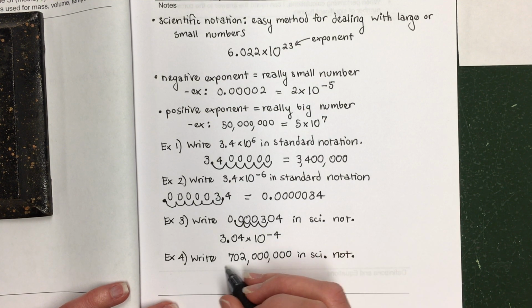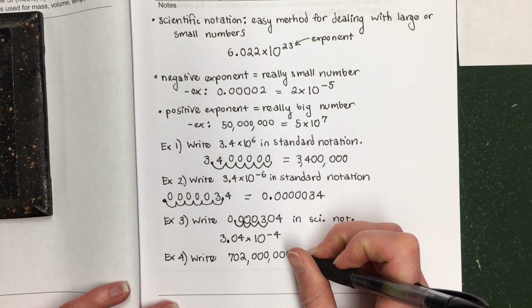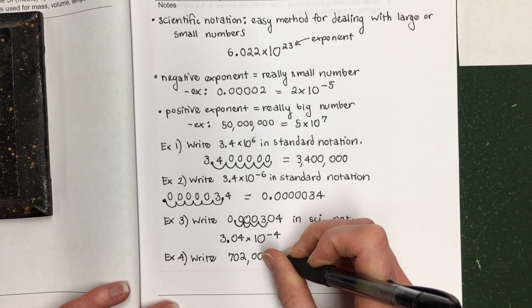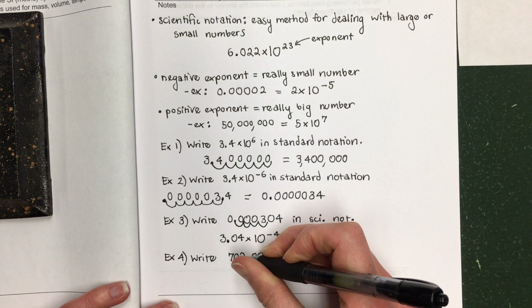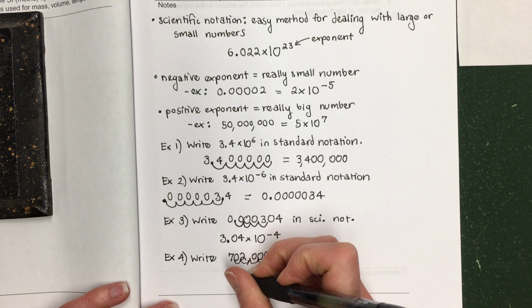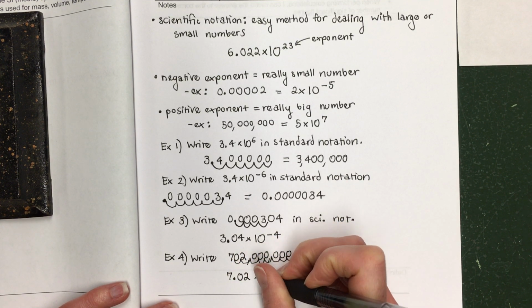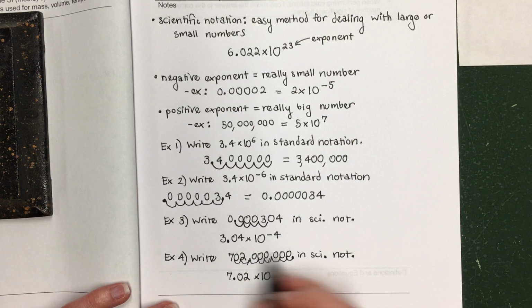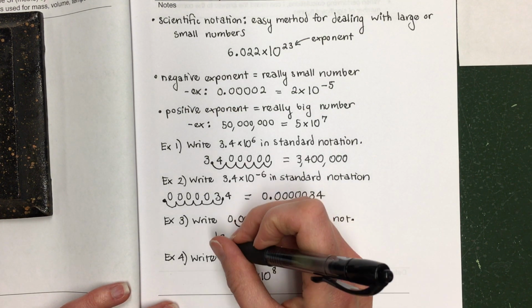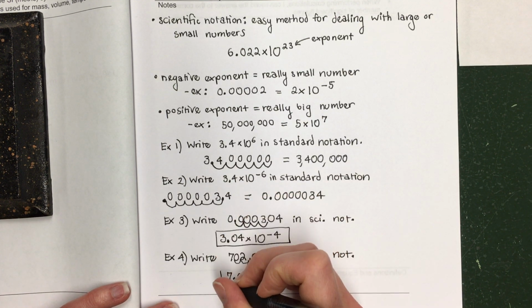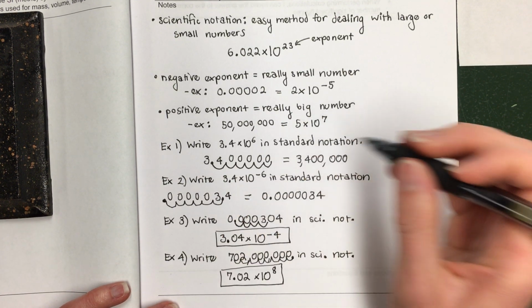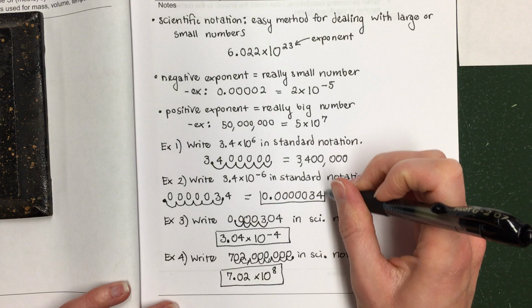Right now there's a bunch of numbers in front of it. I need there to just be one non-zero number. So I'm going to count 1, 2, 3, 4, 5, 6, 7, 8. So it's going to be 7.02 times 10, and then it's going to be a positive 8 because this is a big number. So that's how you get things into and out of scientific notation.